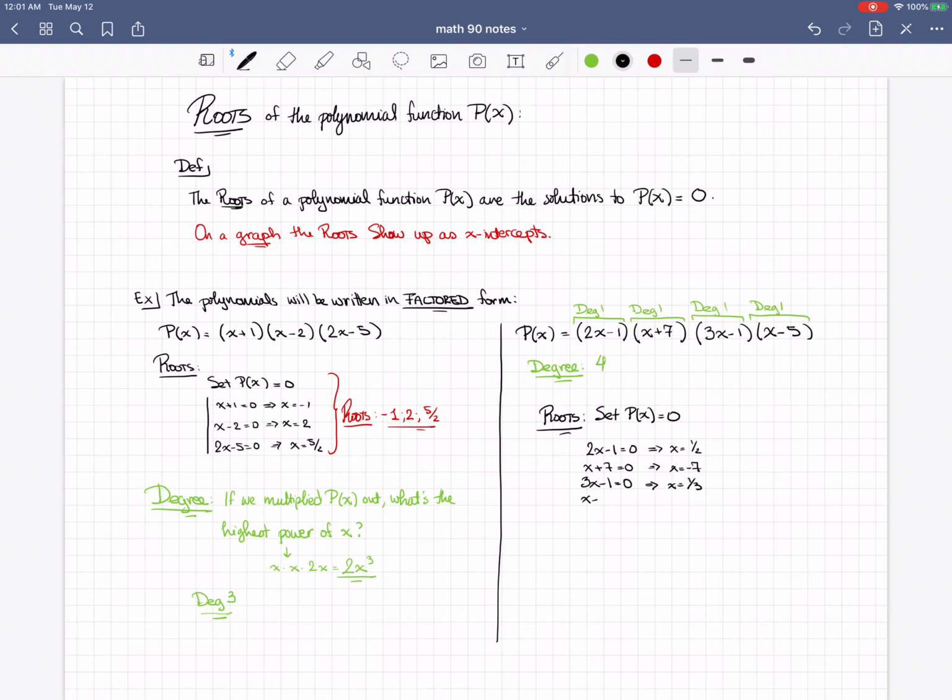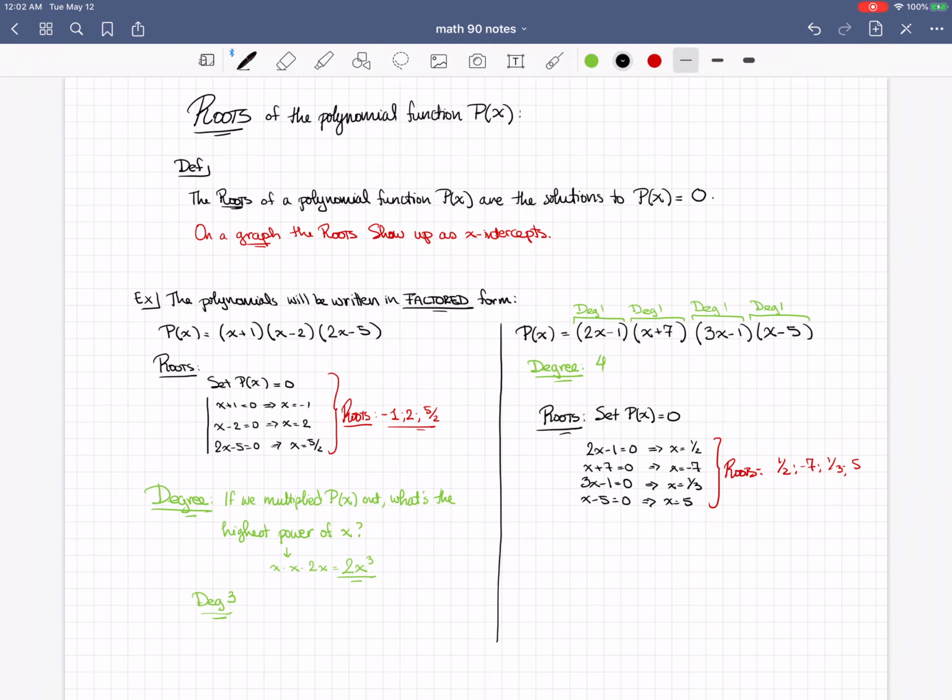And then x minus 5 is 0, so x is 5. Okay, so there are my roots: 1/2, negative 7, 1/3, and 5. So again, we see that we have 4 roots and a degree 4 polynomial.